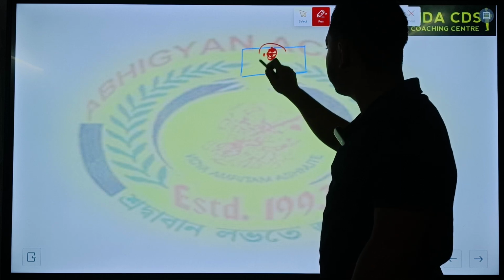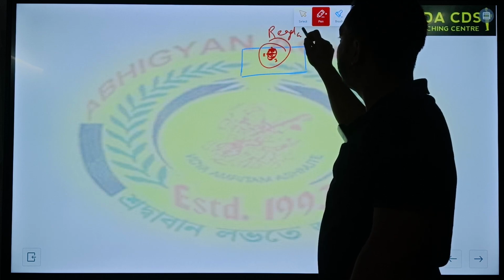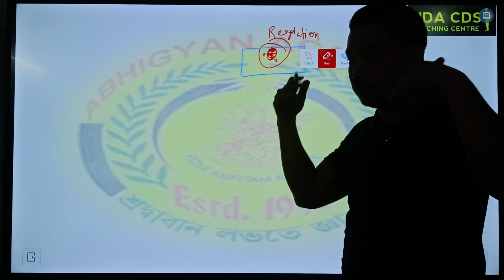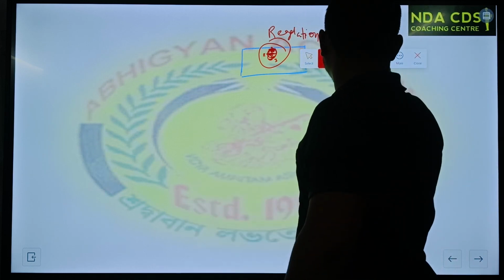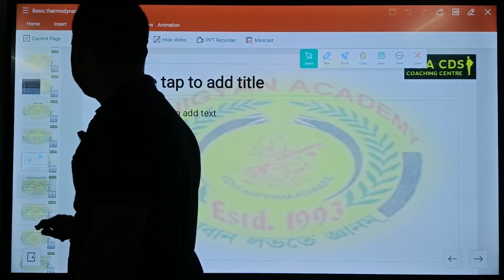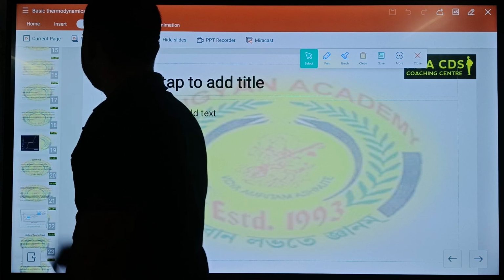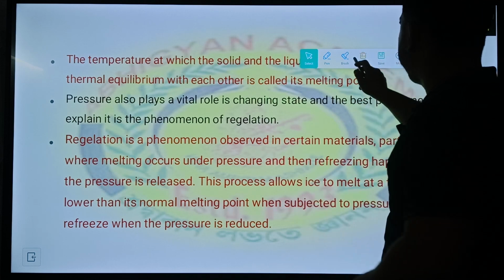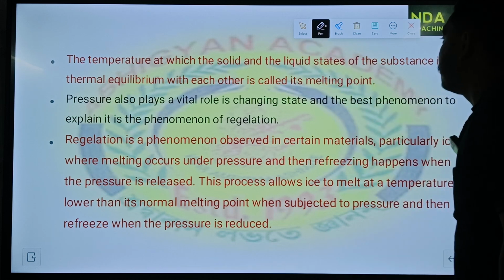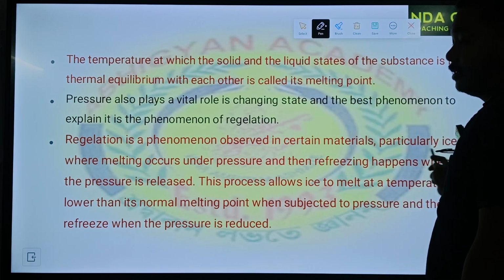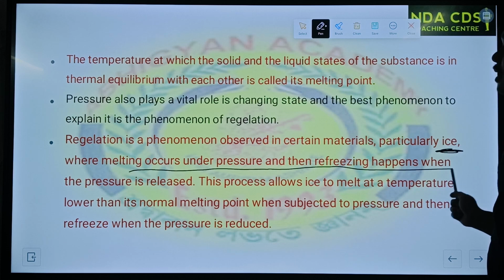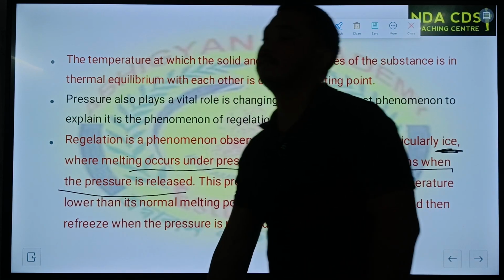Okay, so this process or this phenomenon is what we call regelation. Understood? Can you visualize in your head what's happening? If you can visualize it, then you have understood the part. So this is what we call regelation. Regelation is a phenomenon observed in certain materials, particularly ice, where melting occurs under pressure and then refreezing happens when the pressure is released.